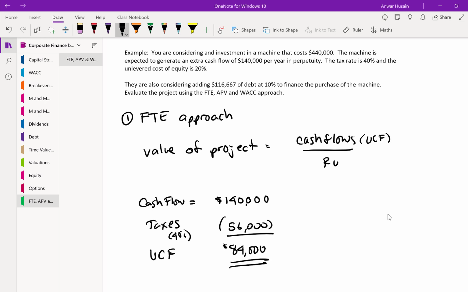After tax, this machine is going to generate $84,000 a year. So if we substitute that into here, we have $84,000 as your unlevered cash flows, and we are told that the unlevered cost of equity is 20%, then the value of this project is $420,000.